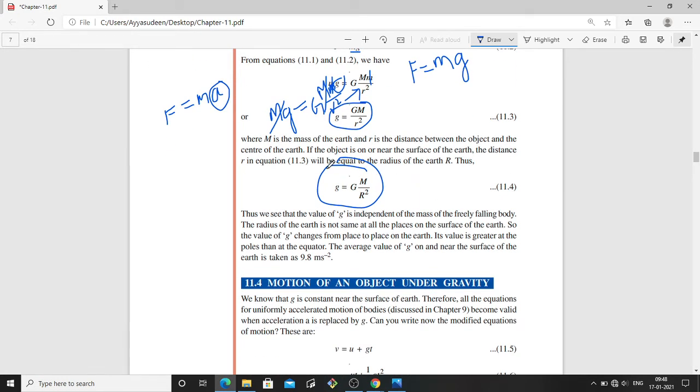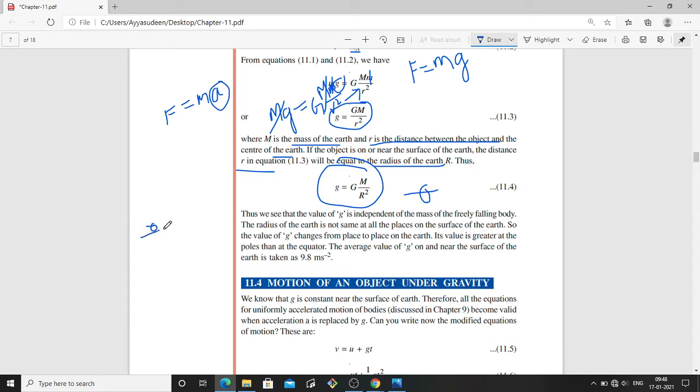Now, if the mass of the earth is M and r is the distance between the object and the center of the earth, then if the object is on the surface of the earth, the distance r will be equal to the radius of the earth.